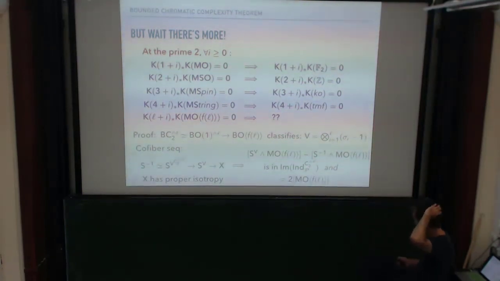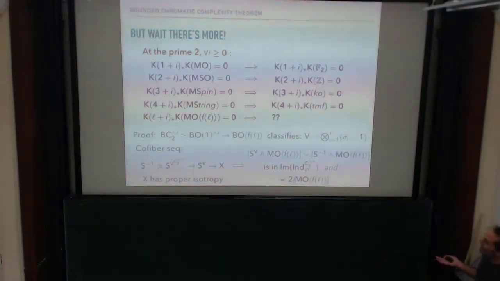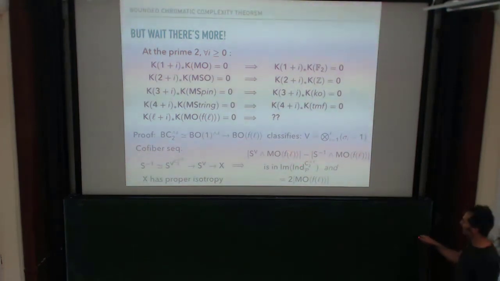And it's oriented by construction for this MO. It has this lift, which means that this S^V becomes a trivial representation. So this becomes the unit, this becomes minus the unit. And again, 1 plus 1 is 2.